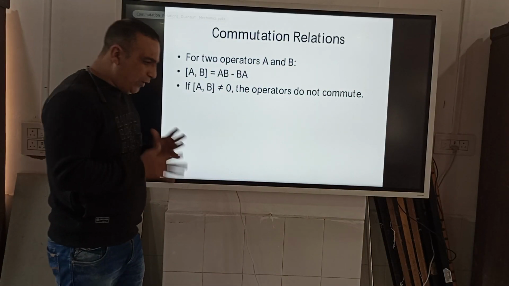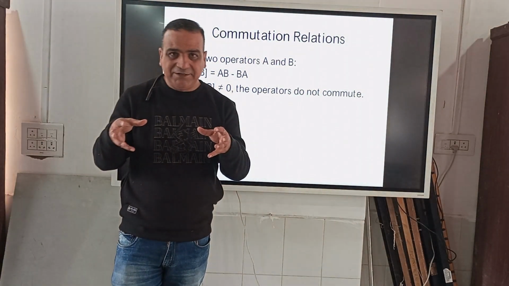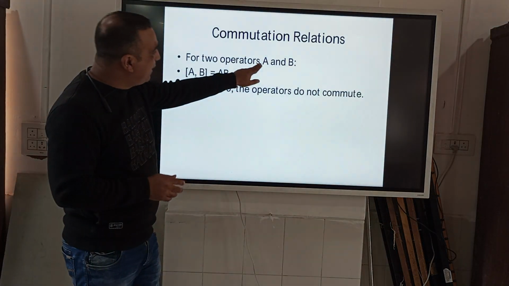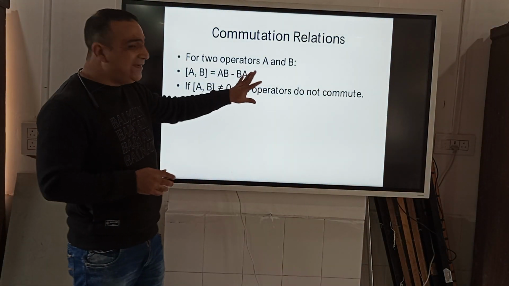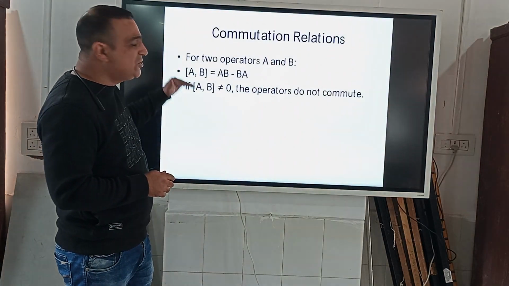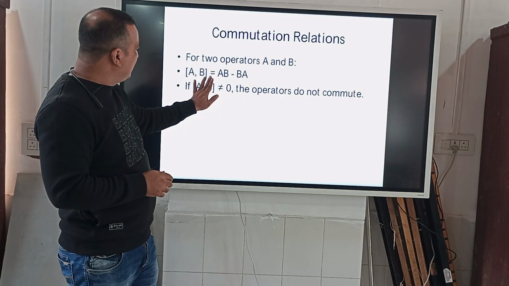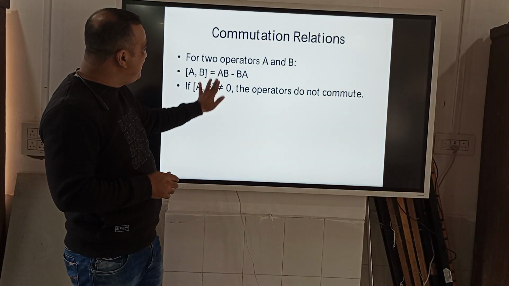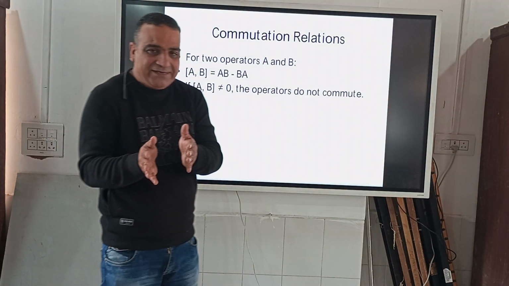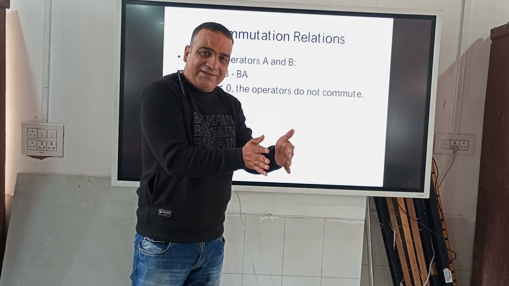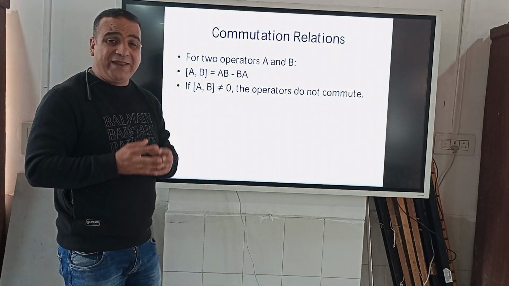Now, what do we mean by commutation? If we have two operators, say an operator A and an operator B, and we have to find a commutation relation between them, it can be obtained by simply writing down AB minus BA. So we have to calculate AB, then subtract BA from it. A and B are two operators.